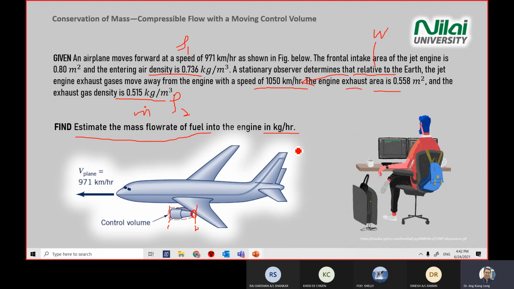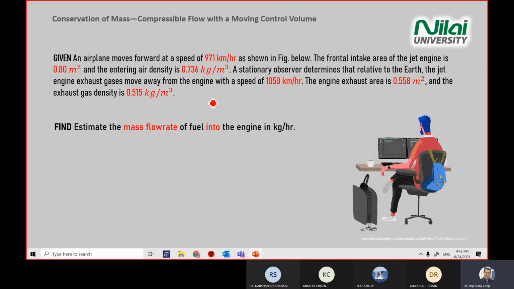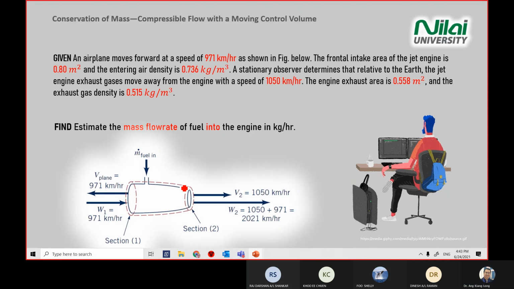Kilogram per hour, because in airlines, when you talk to the pilot, when you talk to the Petronas fuel tanker, or you communicate with your company that you need to do refueling, this is the unit that usually we key in your logbook, in your technical logbook. So I'll highlight all the technical words that I mentioned just now. The next step is what you see on the screen here.